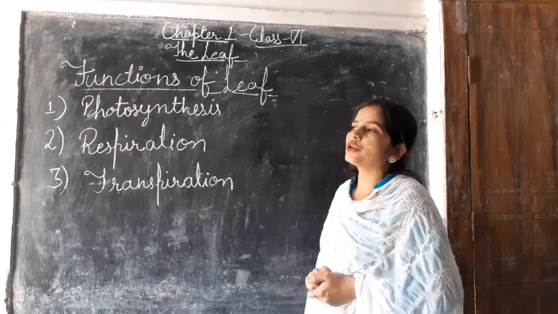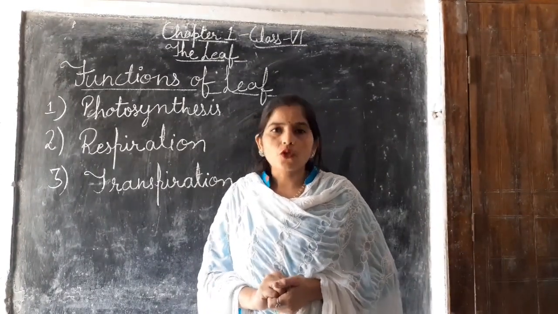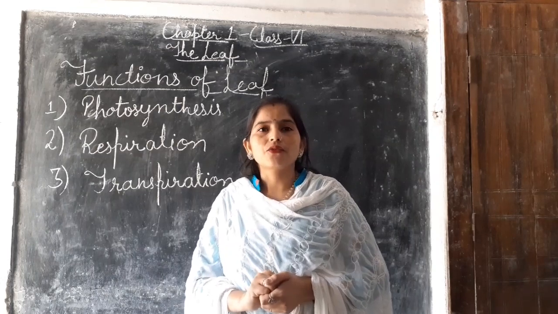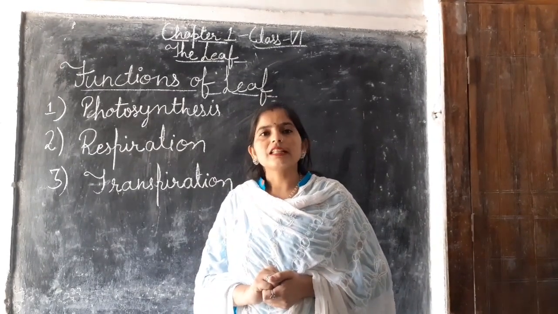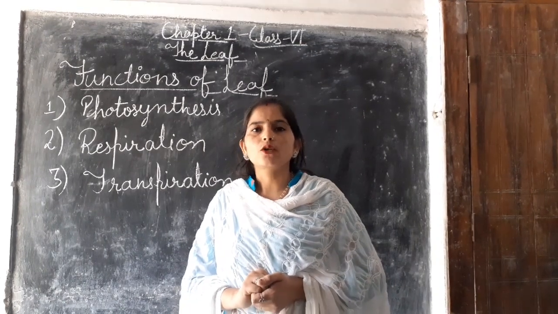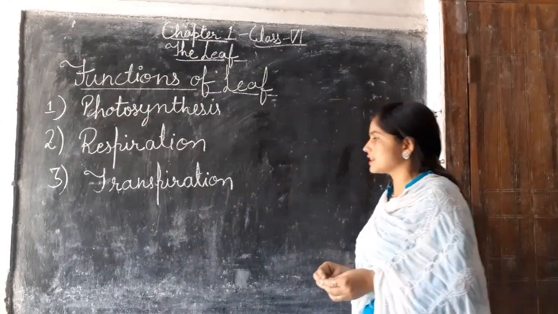Now children, I am going to explain you the process of photosynthesis. Through photosynthesis, plants prepare their food with the help of carbon dioxide and water in the presence of sunlight and chlorophyll. This is the reaction of photosynthesis.